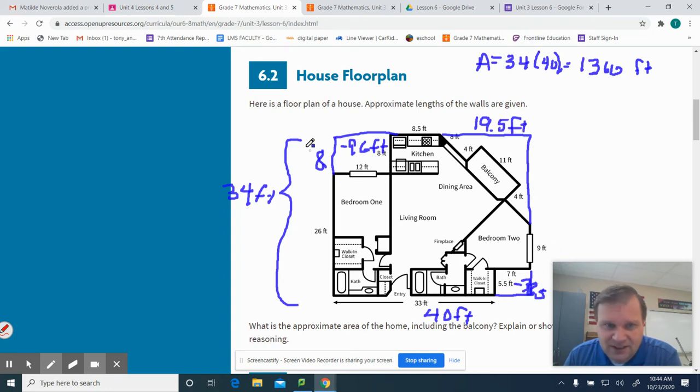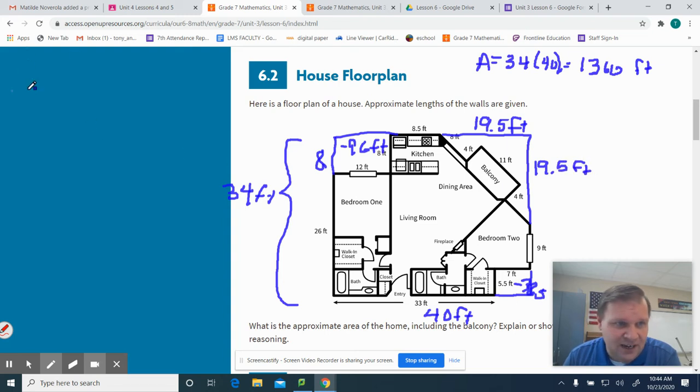I did the same thing here. This all has to equal the same 34 feet because we know the parallel lines in a rectangle are congruent. So I have 9 feet here that I took away, and I have 5.5 feet here that I took away. So when I took that away from 34, I got another 19.5 feet.